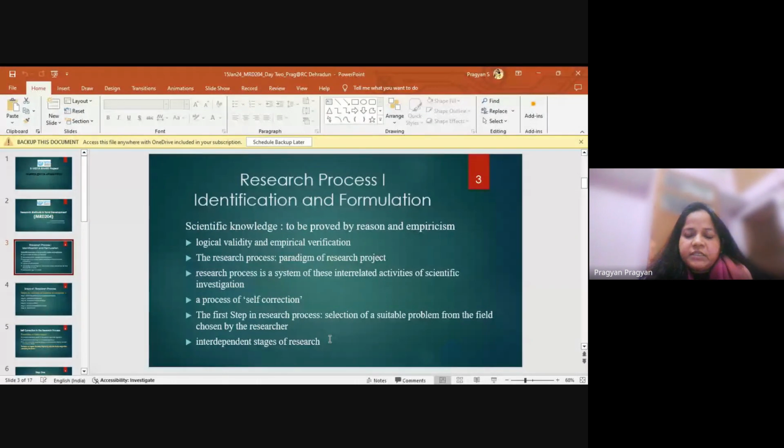So, in today's session, we are going to understand how we can follow this logical validity and empirical verification for attaining knowledge in our research study. The whole research process is basically all about this. That means whatever we are going to discuss has to be coming from some sort of theory, number one.